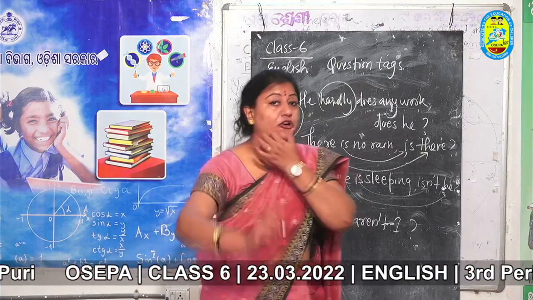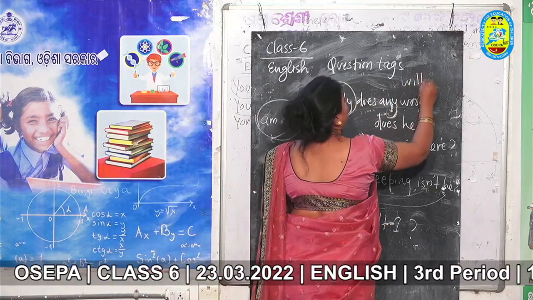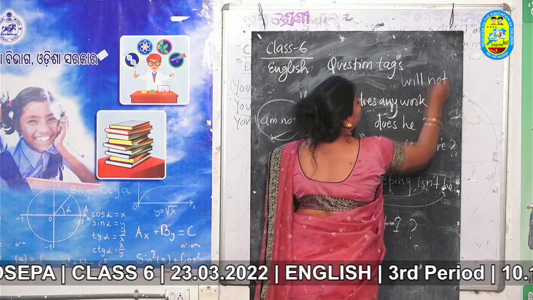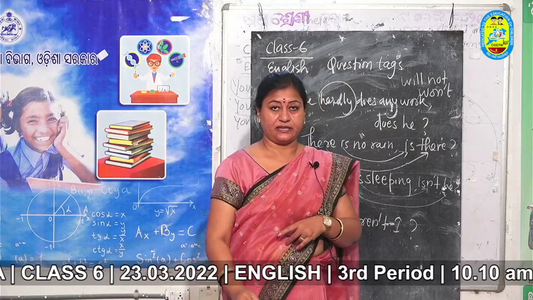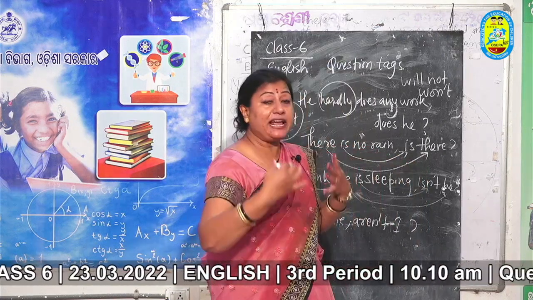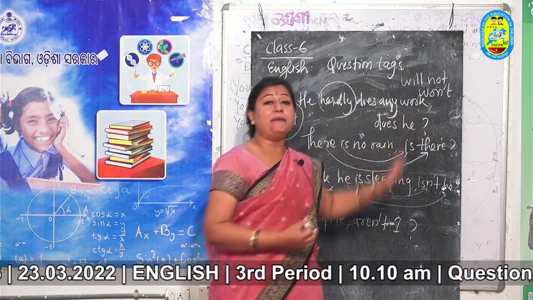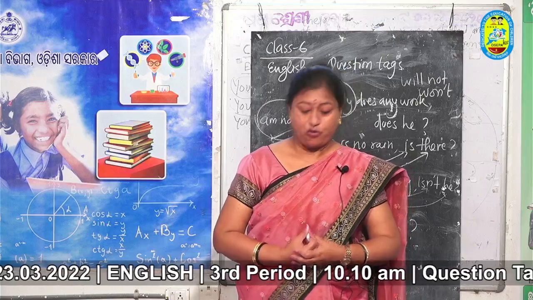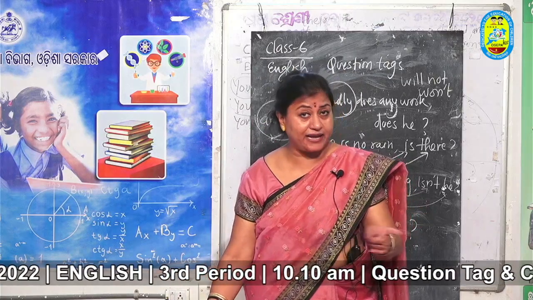In contraction form, will not, we do not write willn't. We write will not as won't. This is an exception. We accept exceptions. Will not we read as won't. Am not becomes aren't. So I am fine, aren't I?